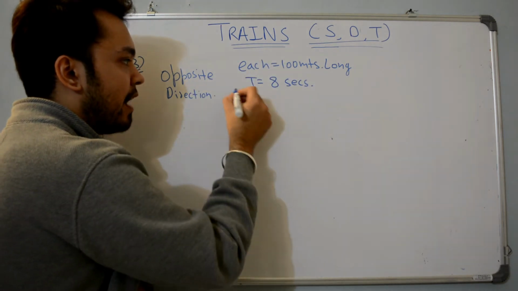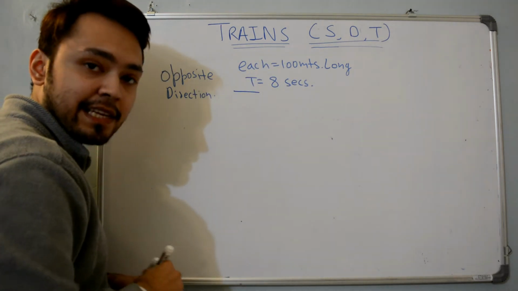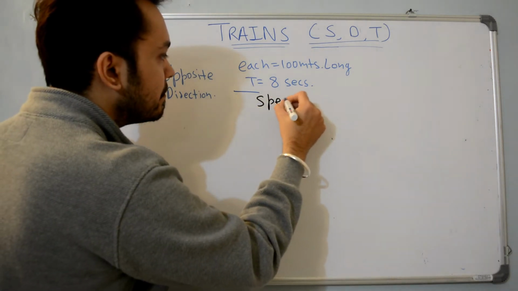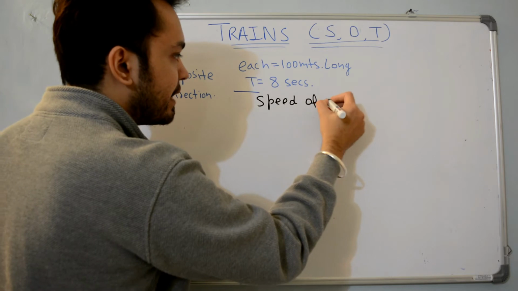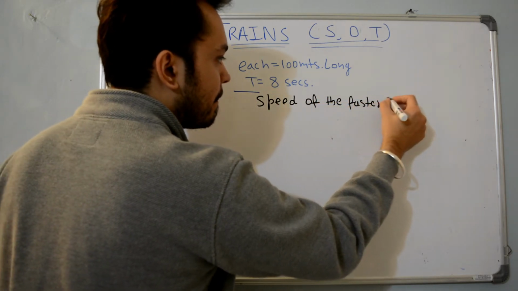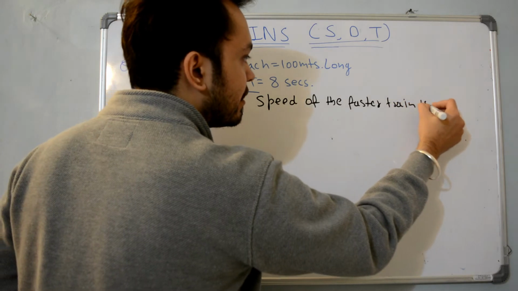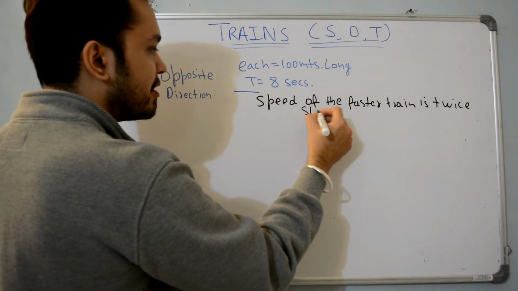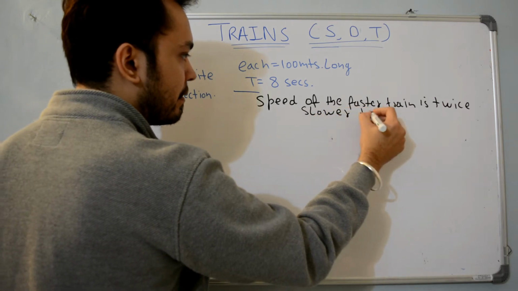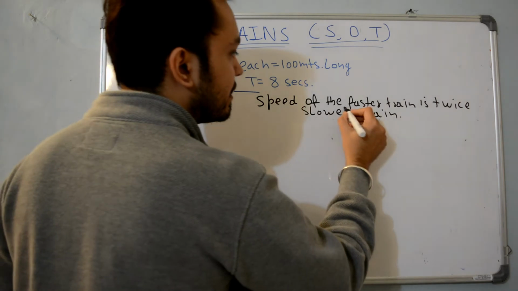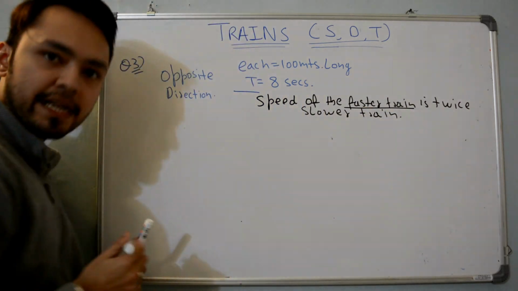Right? Now we are given the catch. The catch is that the speed of the faster train is twice that of the slower train, right? And we have to find the speed of the faster train.